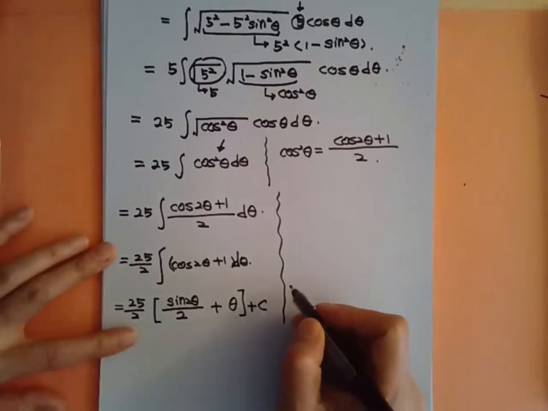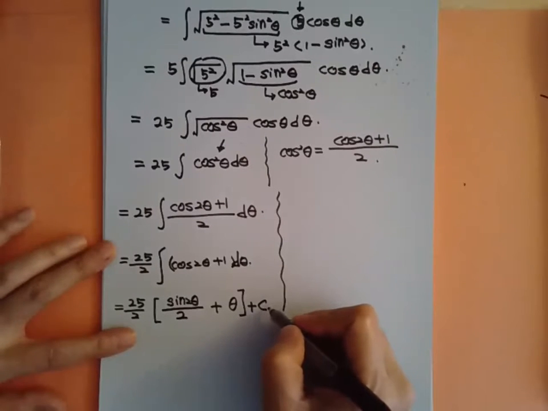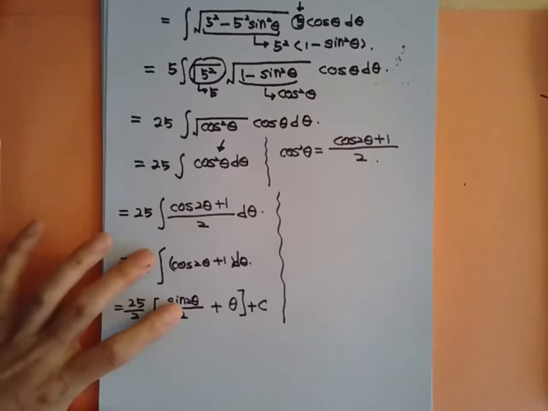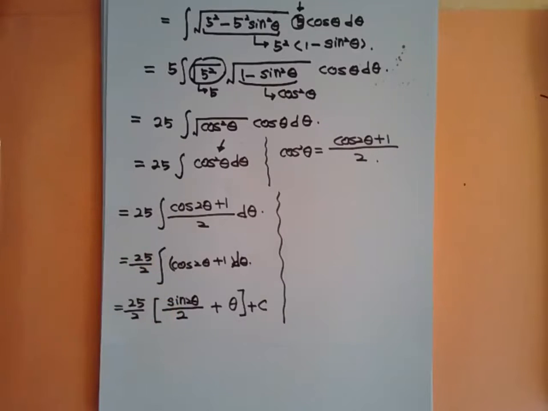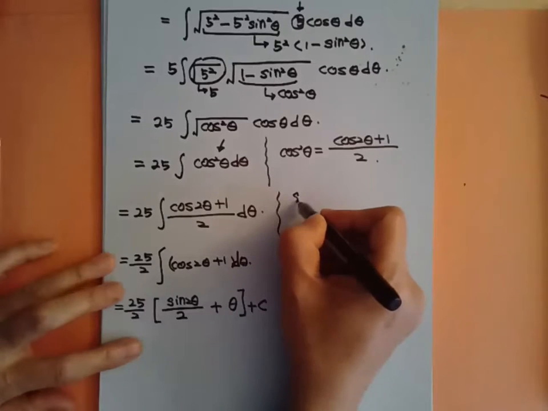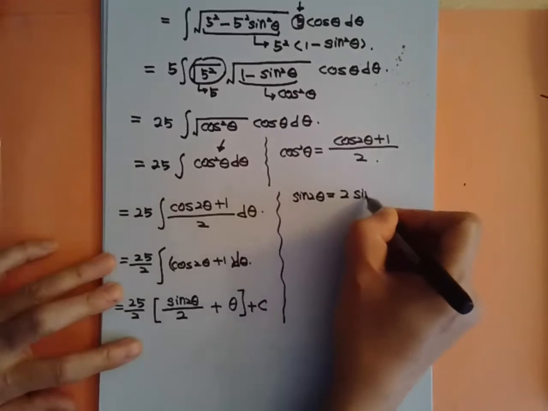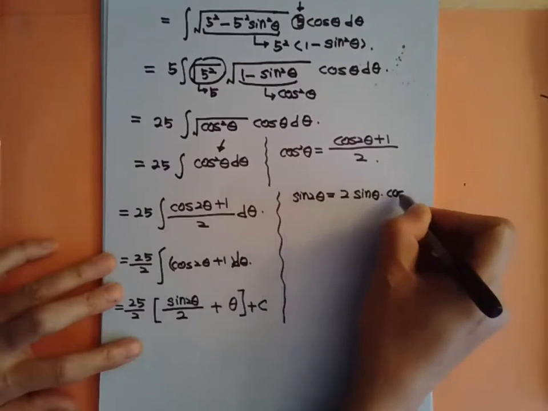So what should we do here? Of course, everything is related to theta, but unfortunately, 2 theta is not easy to convert to x-related expression. So we will use the double angle formula. So we will use sine of 2 theta equals 2 times sine of theta times cosine of theta.